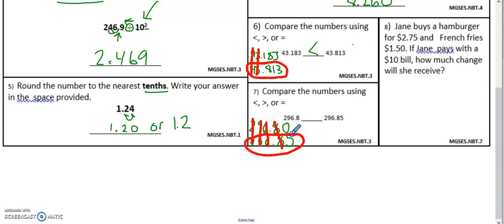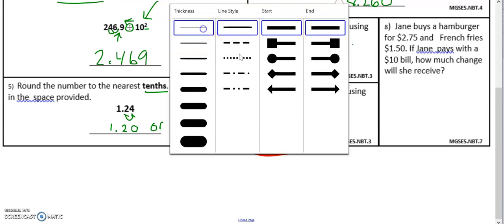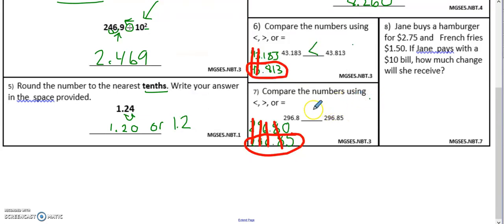And when I do that, I see that my bottom number down there is the larger number. So just as before, I'm going to draw the less than sign because 296 and 8 tenths is less than 296 and 85 hundredths. Last problem for tonight.